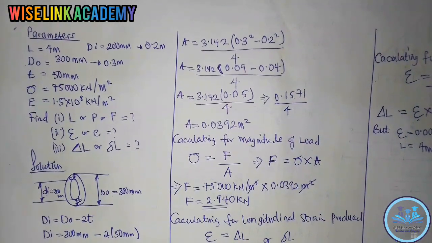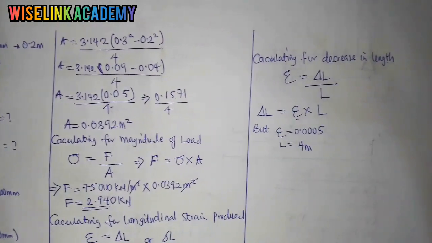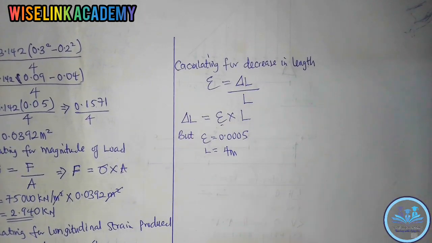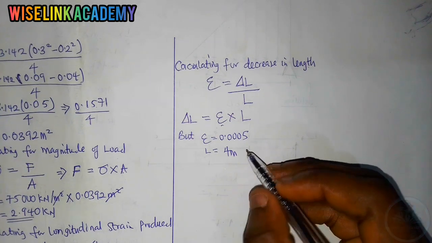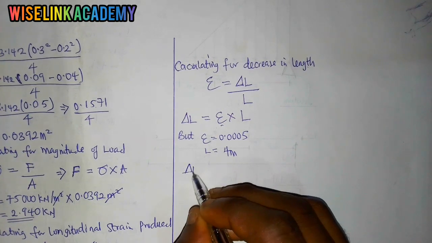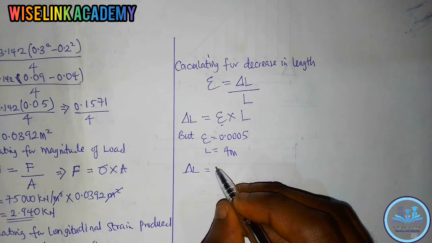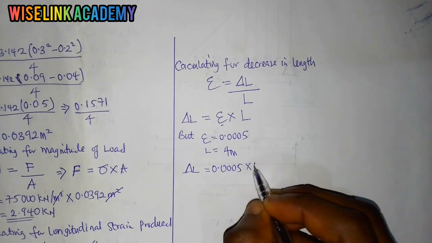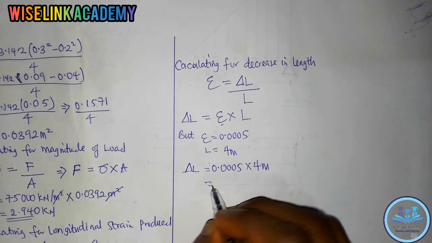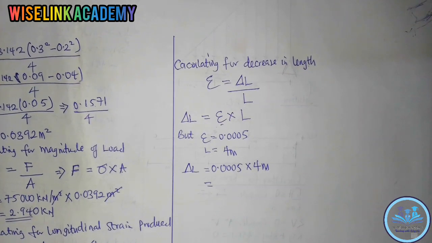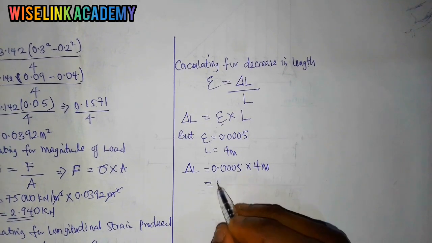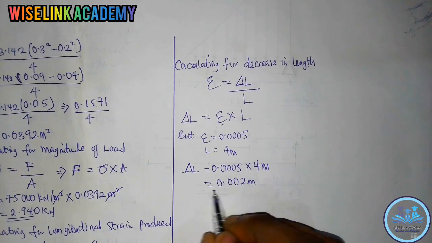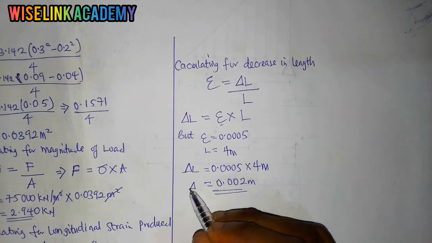So proceeding, if I work on this, I'll be having change in L, or delta L, is equal to strain 0.0005 times 4 meters. If I times it together, I'll be having 0.002 meter. So my change in L is this.